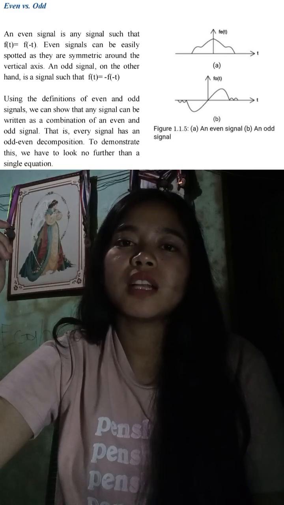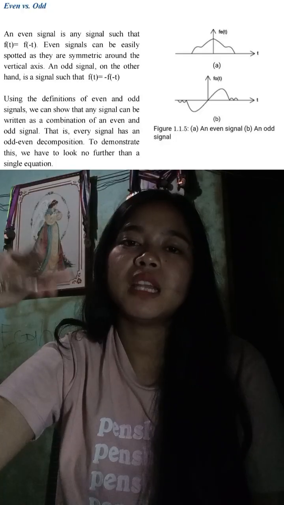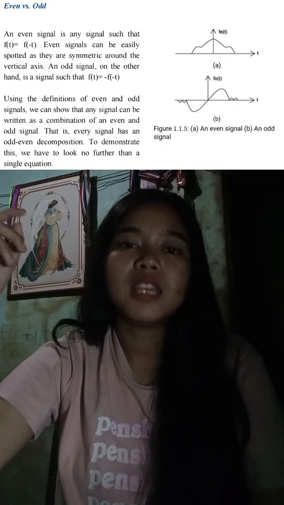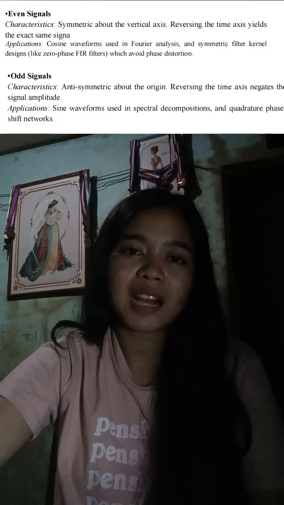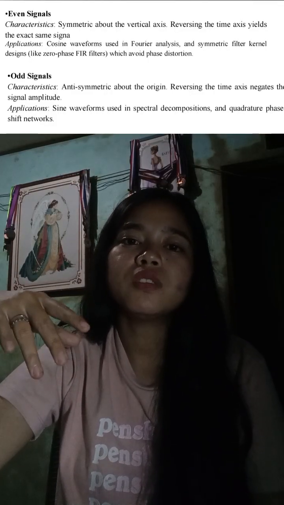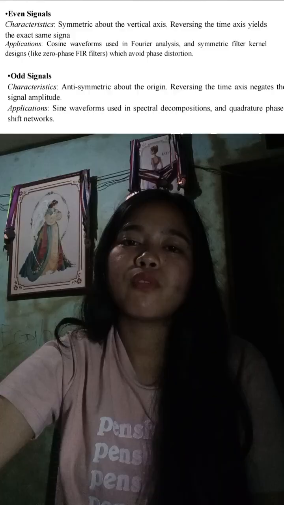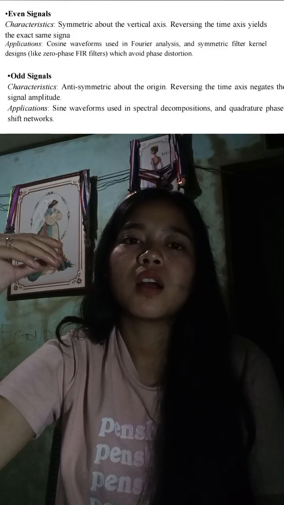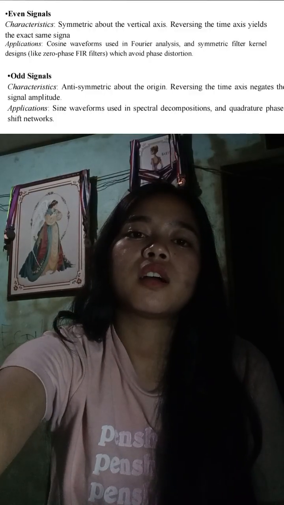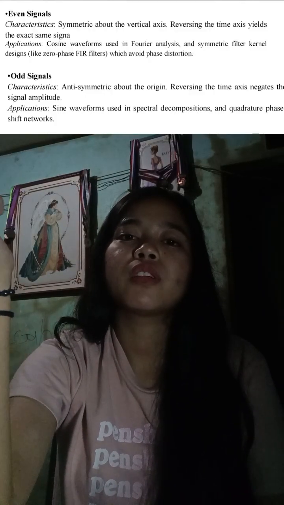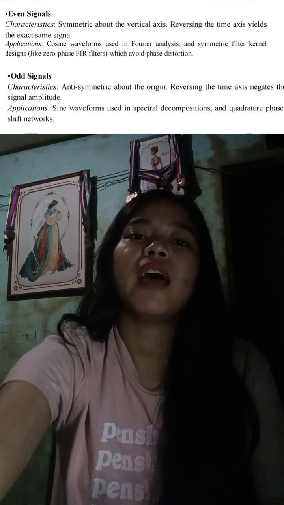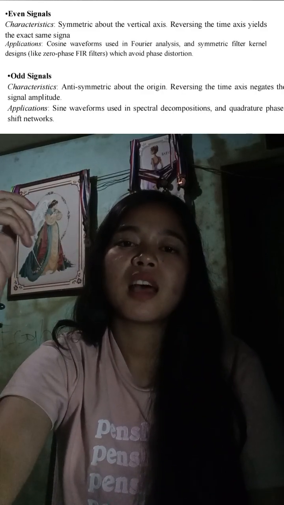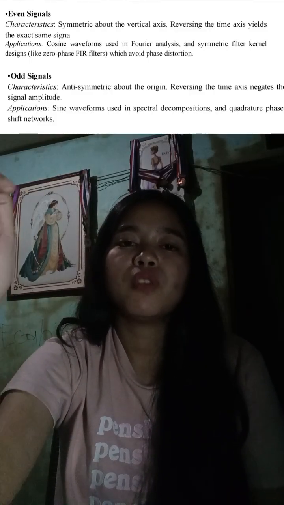Even signals can be easily spotted because they are symmetric around the vertical axis, meaning reversing the time axis yields the exact same signal. Examples include cosine waveforms used in Fourier analysis, and symmetric filter kernel designs like zero phase FIR filters.